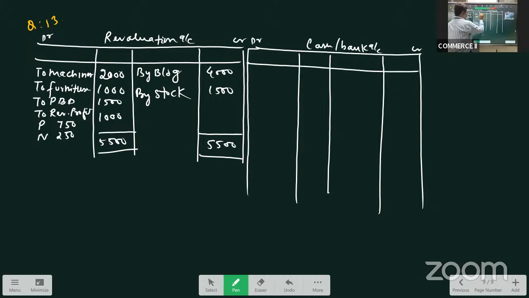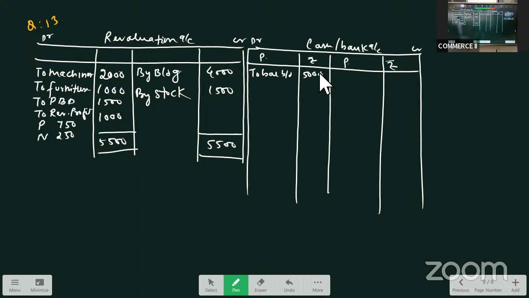Okay, so particulars amount as it is. What is the opening balance given? Cash at bank is given as 5,000.